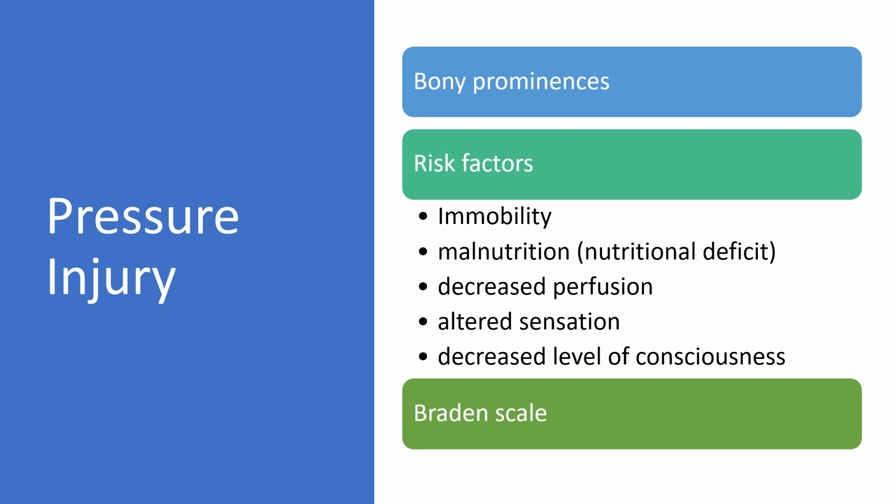The lowest overall score on a Braden scale is 6, and the maximum score is a 23. The lower the overall score for the client, the greater the risk the client has for alterations in skin and tissue integrity.